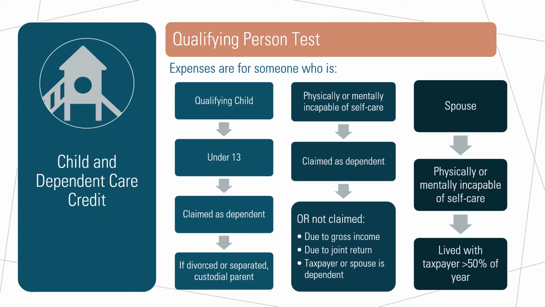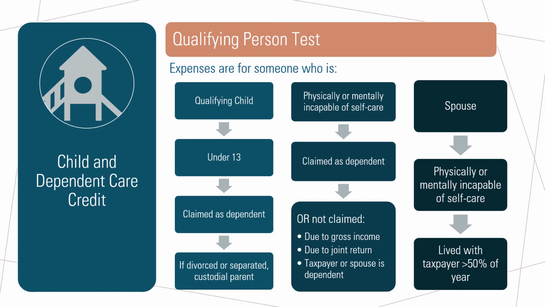So if you remember, we might have a qualifying relative who would have qualified, but their gross income was too high. It was over the $4,300, in which case our taxpayer wouldn't be able to claim them, but they would still be able to use them as a qualifying person for this test.